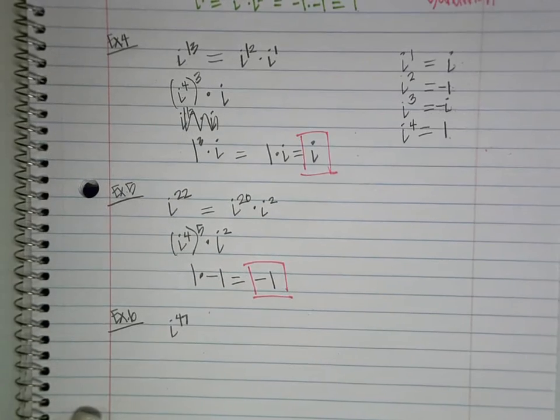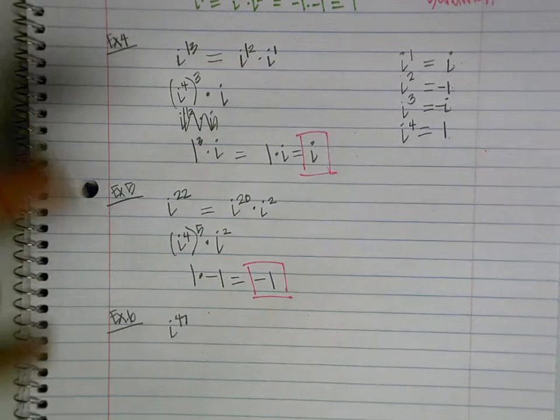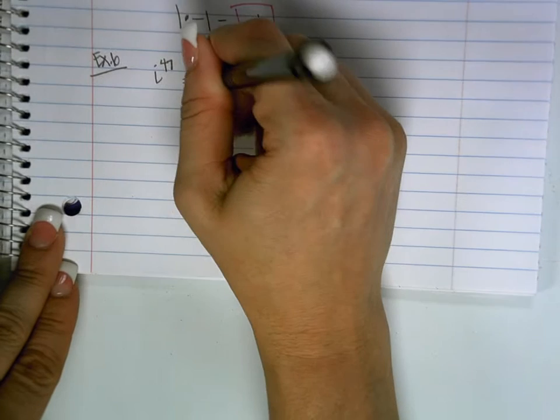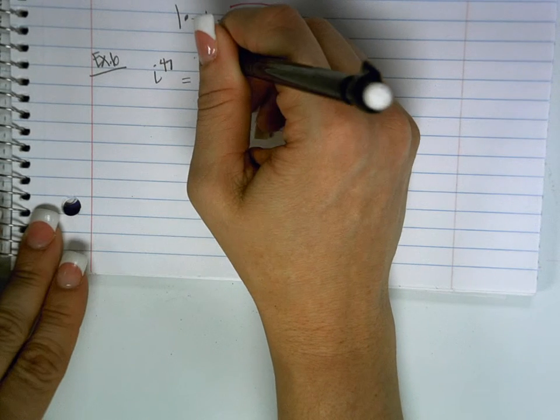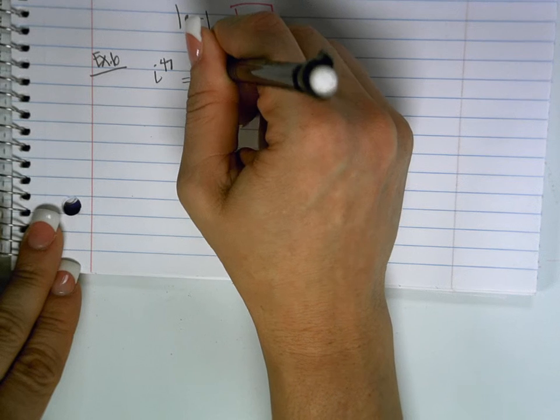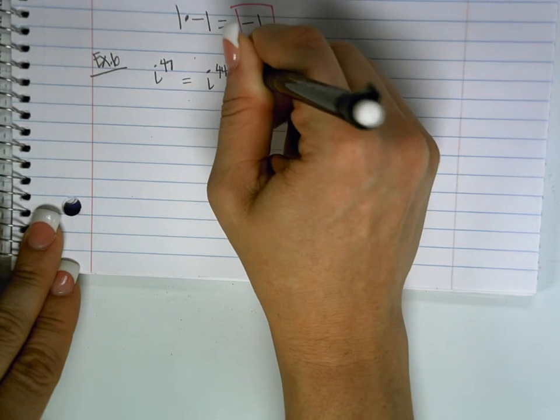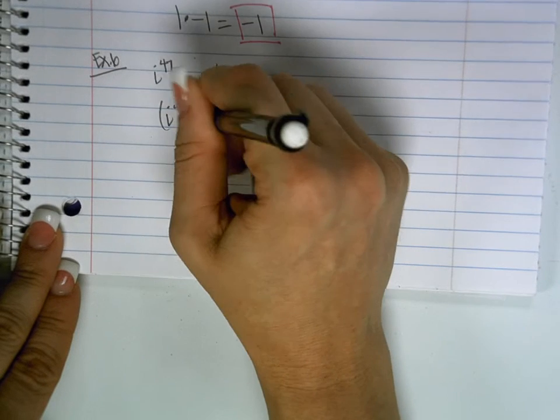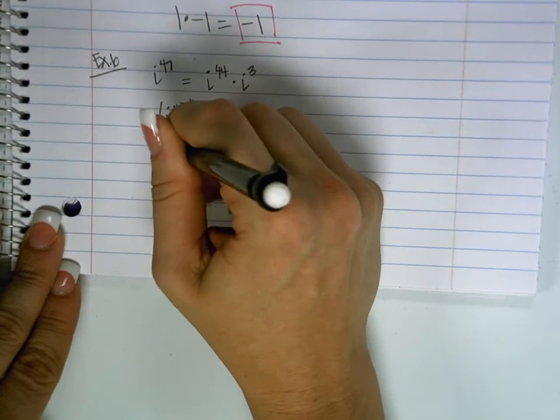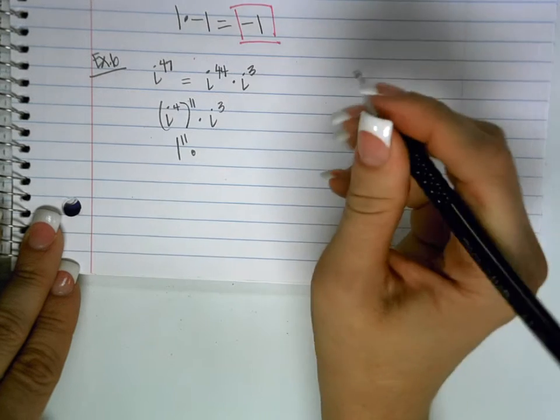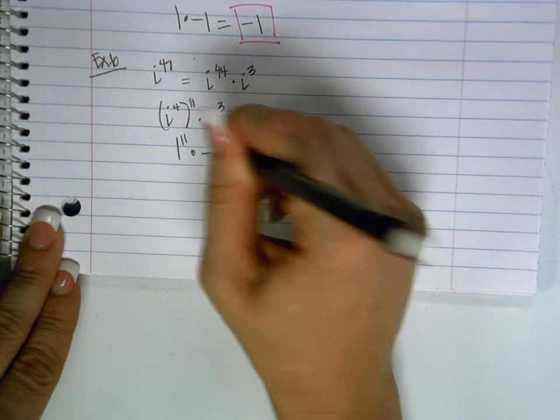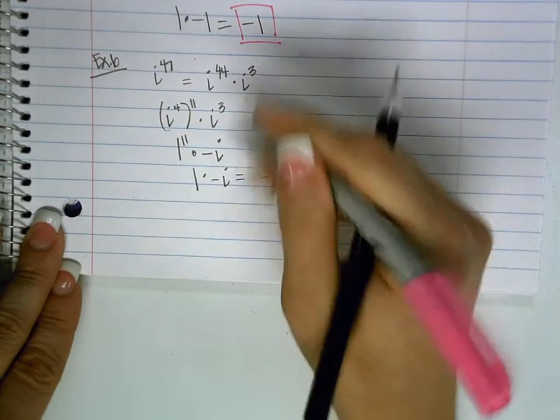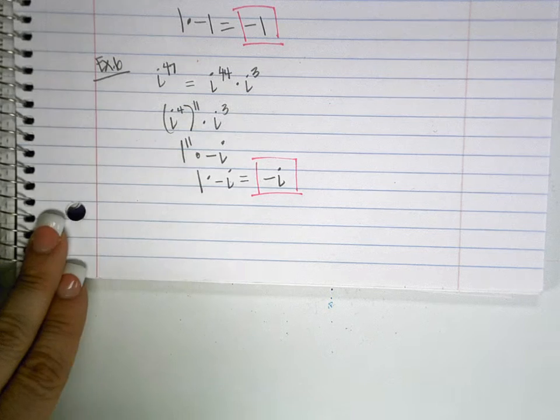Or break this down to groups of 4. i to the 44th times i to the 3rd. 44th is i to the 4th raised to the 11th power times i to the 3rd. So 1 to the 11th times what's i to the 3rd? -i. 1 times -i is -i. -i should be your answer.